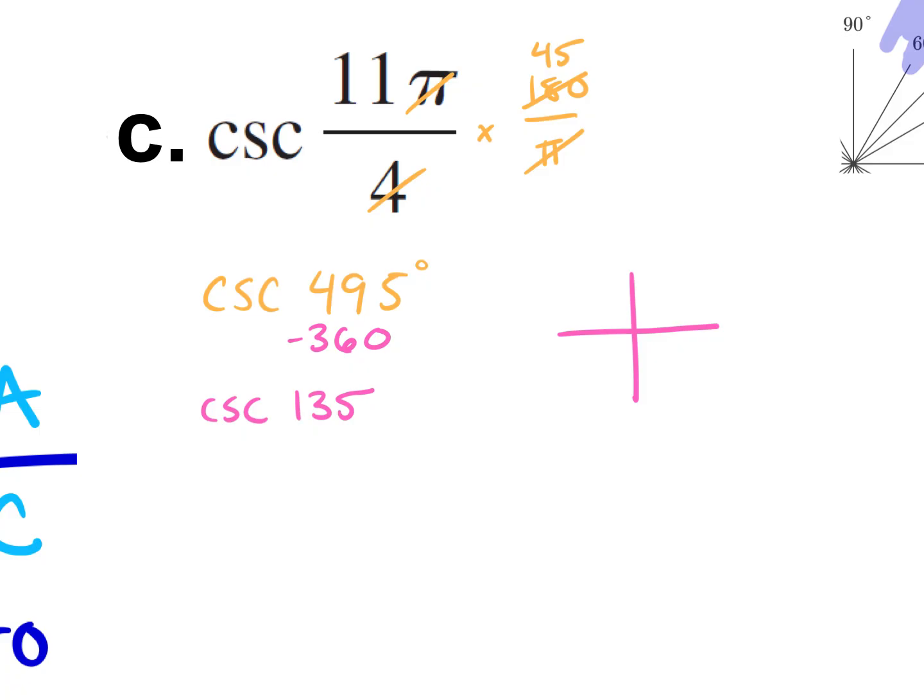What quadrant is 135 in? The second quadrant. What formula do we use in the second quadrant? 180 minus theta. So we do 180 minus 135. So we're actually looking for the cosecant of 45.